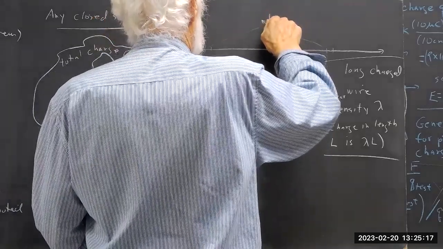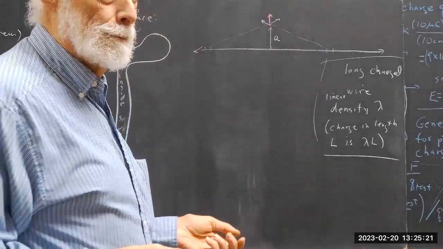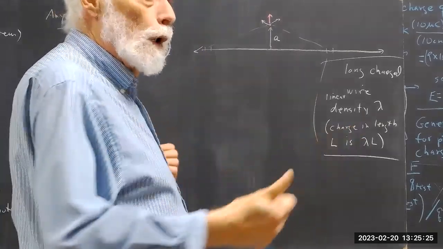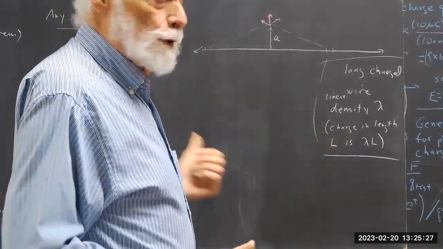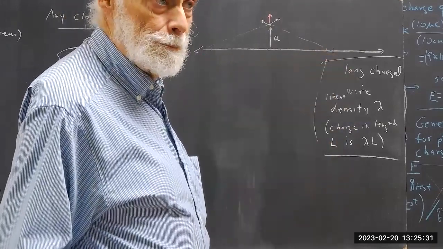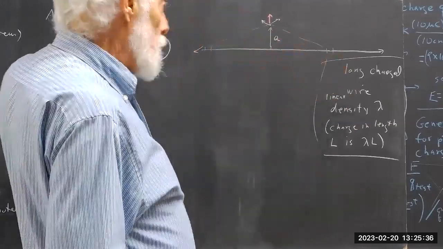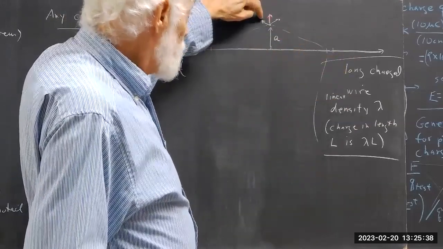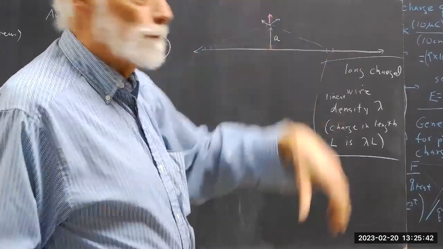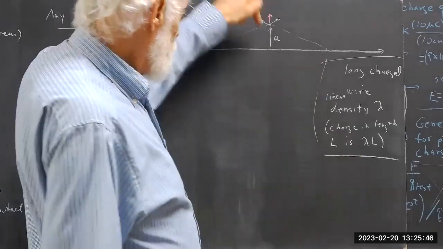We talked about this last week. Are you familiar? So if it's a really long wire, or an infinitely long wire, you can do this for any increment. And you find that these increments always can be paired up so that your net field at this point has to be away from the wire, assuming that lambda is a positive density. If it's a negative density, then it'll be toward the wire.